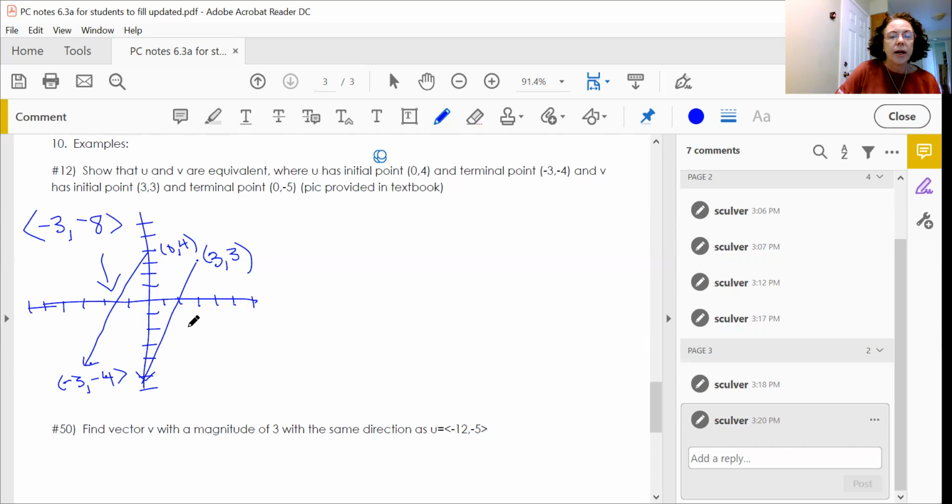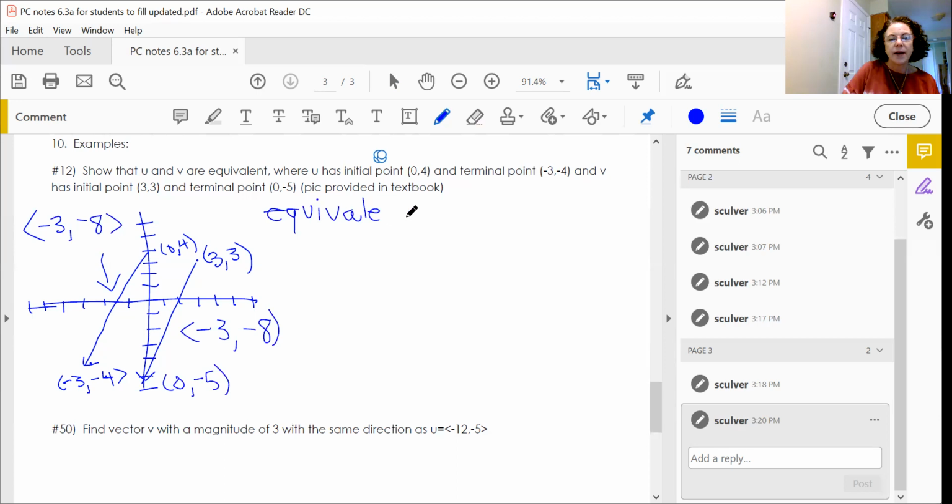The vector on the right in component form would be 0 minus 3, comma, -5 minus 3, -8. Now you can see they are the same vector in component form. So they must be equivalent vectors.